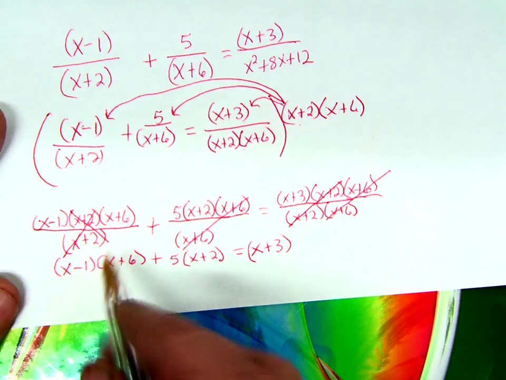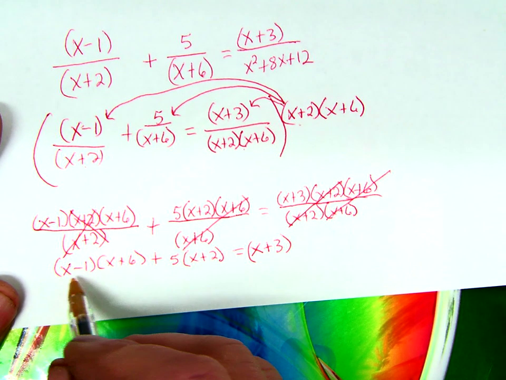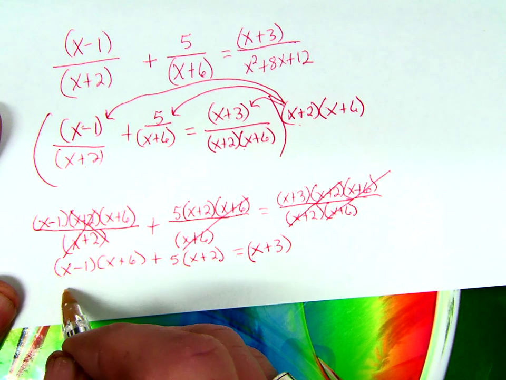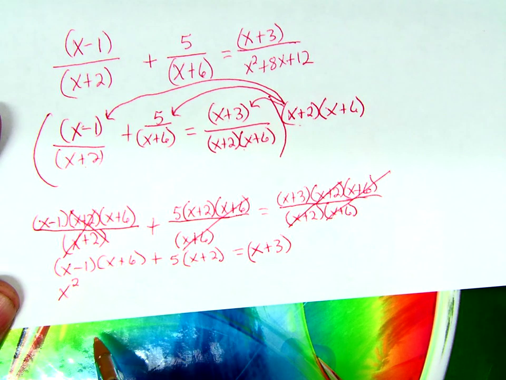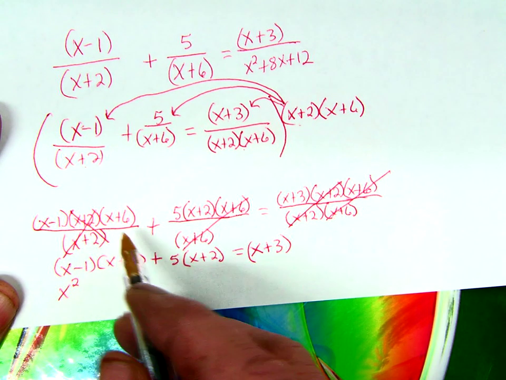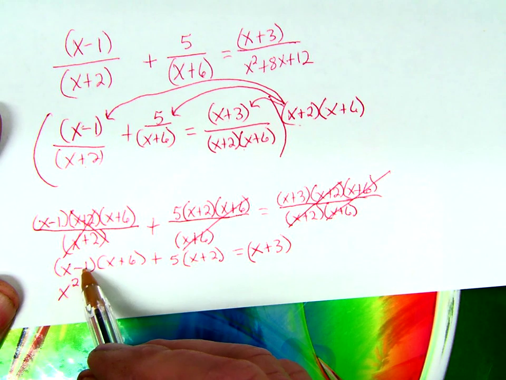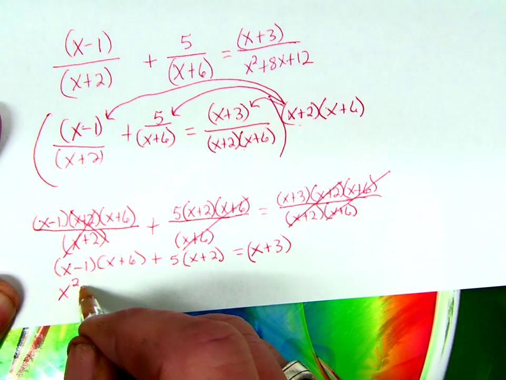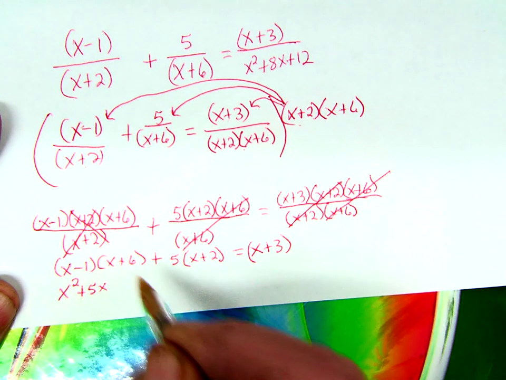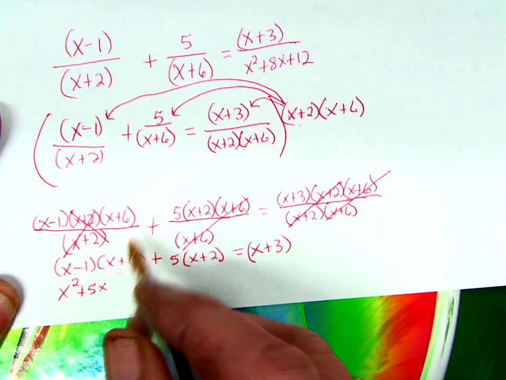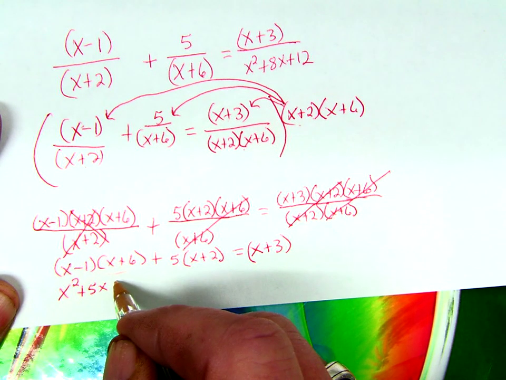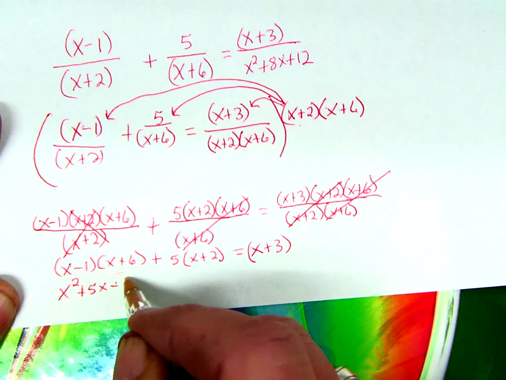Now we combine these. This is multiplication, FOIL. X times x is x squared. X times 6 is 6x, minus 1x, so plus 5x. Negative 1 times positive 6 is negative 6.